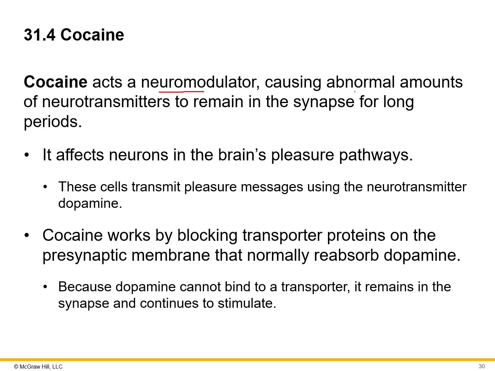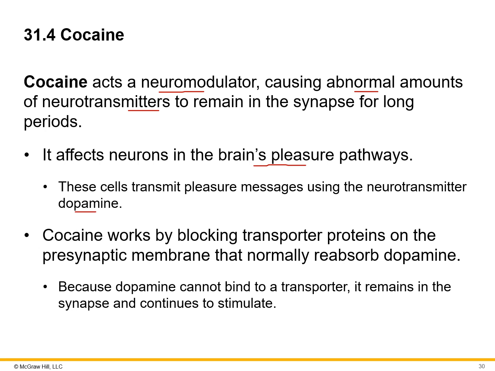It causes crazy amounts of neurotransmitters, especially dopamine, to remain in the synapse for a long time. And this affects the pleasure pathway, so it makes the individual feel happy because of the release of dopamine, but it also is a reward system, so it remembers that it felt really good whenever it took this compound. Again, that's going to lead to that addictive behavior.